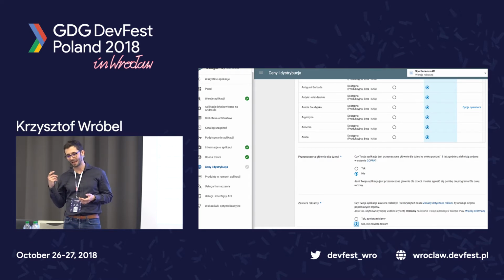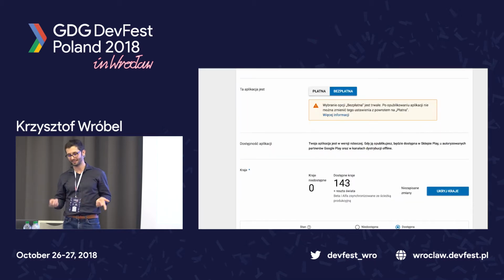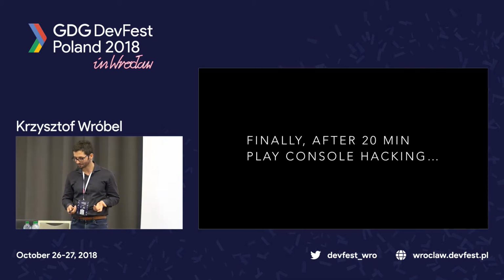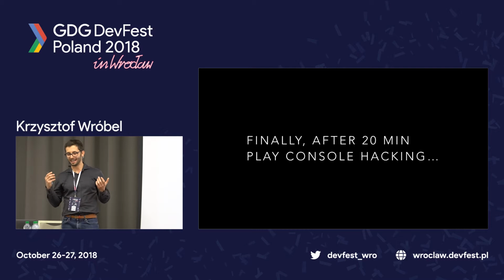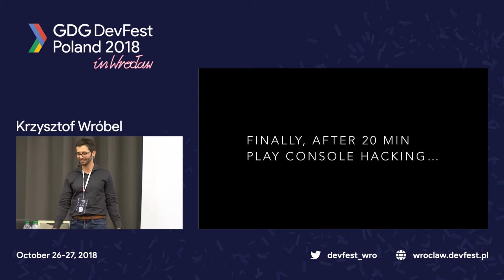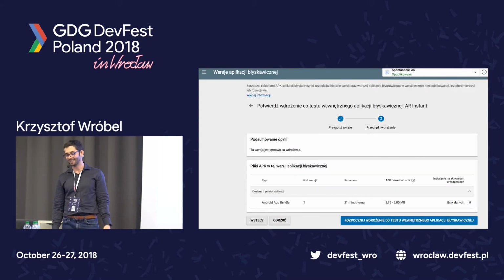Like deciding what countries can use this app and what is the price of my application. So I think after 20 minutes of hacking in Play Console, generating all those assets, making screenshots, I finally made it through, so I was able to submit my application.